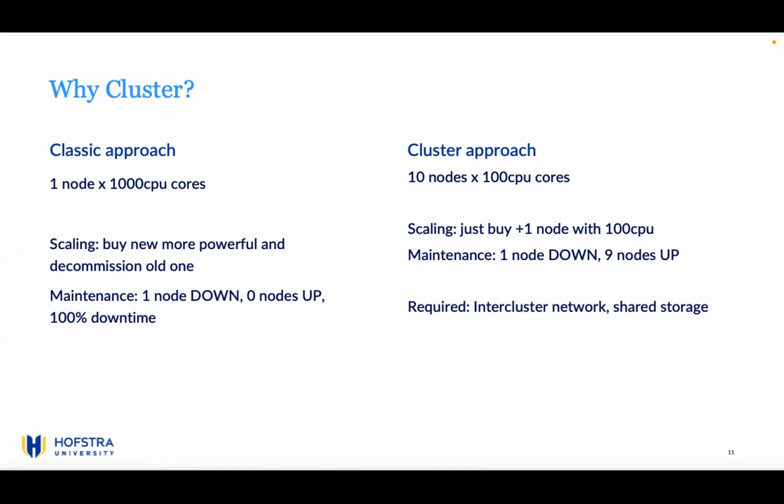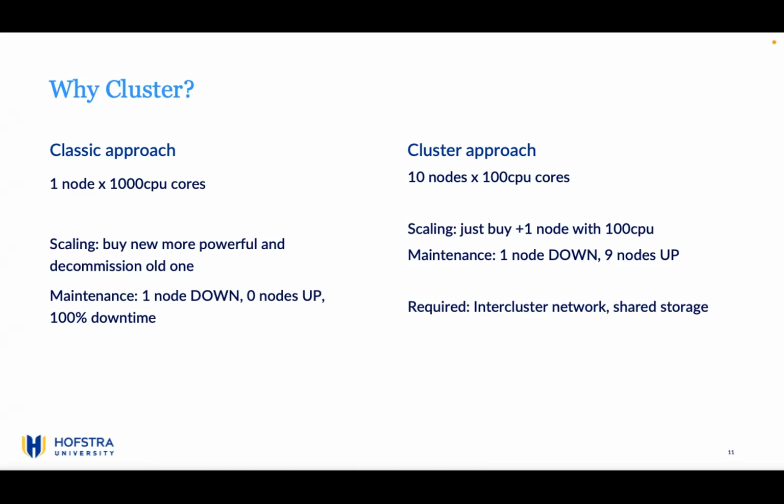Let's take a look at the second approach, the cluster approach. We use 10 nodes with 100 CPUs each, of course. In this case, oh, by the way, let's go back to the previous one. Imagine we need to upgrade our cluster and run the task for 1,100 CPUs.